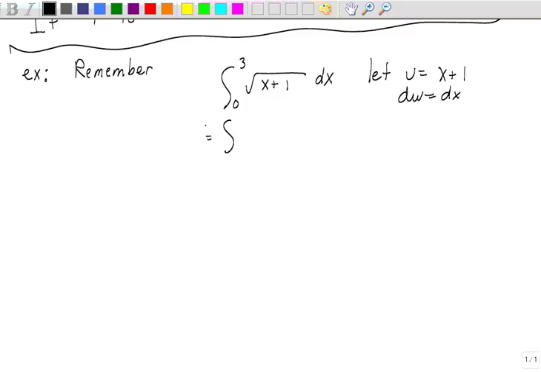And our limits, since these were x's, changed to u's by substituting them in for u. This turned into the square root of u du, and now we can easily integrate. So that's the idea behind this.